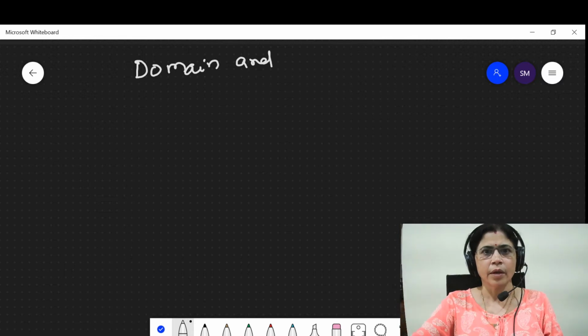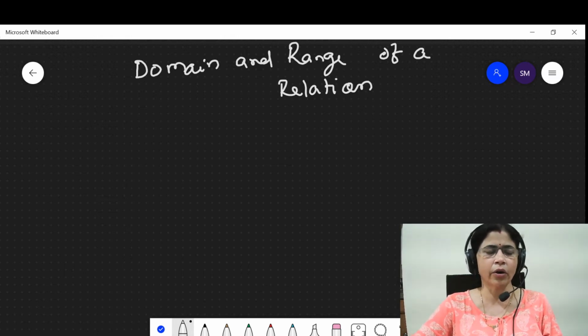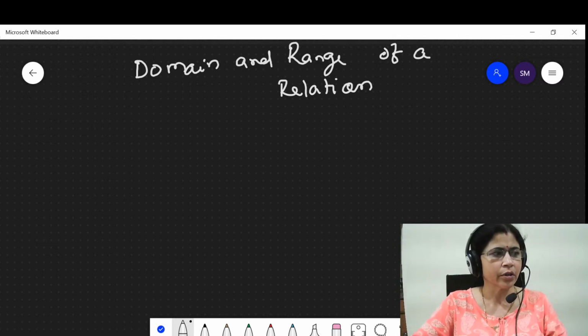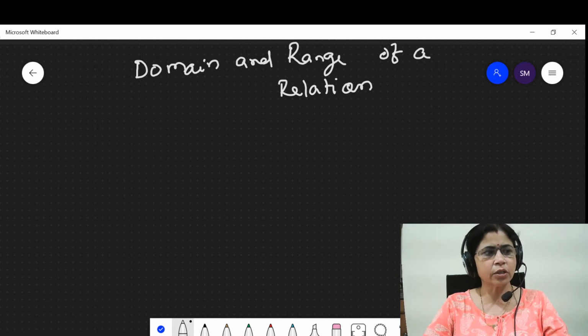Please students note down the important points. Let R be a relation from A to B, then the set of all first components of the coordinates of the ordered pairs is called the domain.